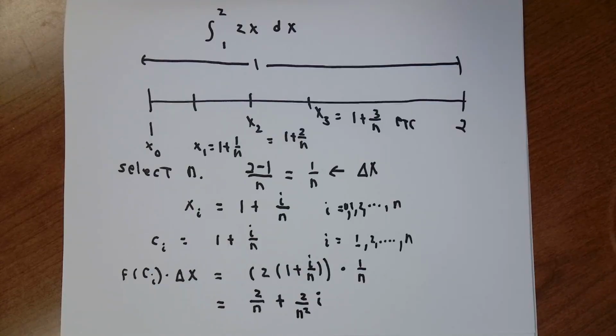The terms that I'm going to add up in my Riemann sum look like f of ci times delta x, which, after you put the values in and do some algebra, turns out to be 2 over n plus 2 over n squared i. I have to add up all such things and then take the limit as the norm of the partition tends to 0.